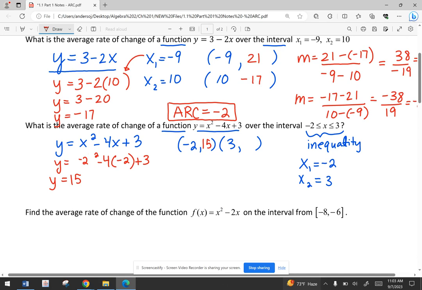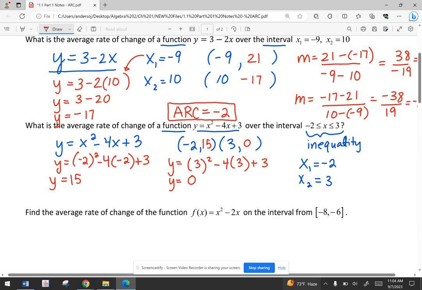Whenever you forget that parentheses, it's not going to give you the correct value when you're squaring that number. We'll do the same thing here with the 3. So we'll have 3 squared minus 4 times 3 plus 3. And when we plug that in, we're going to get 0.